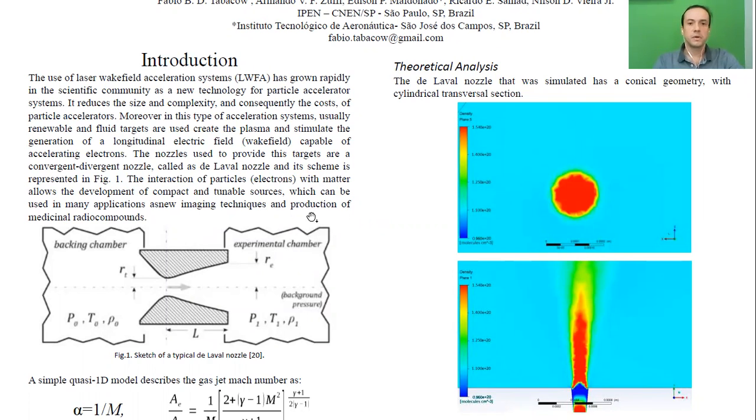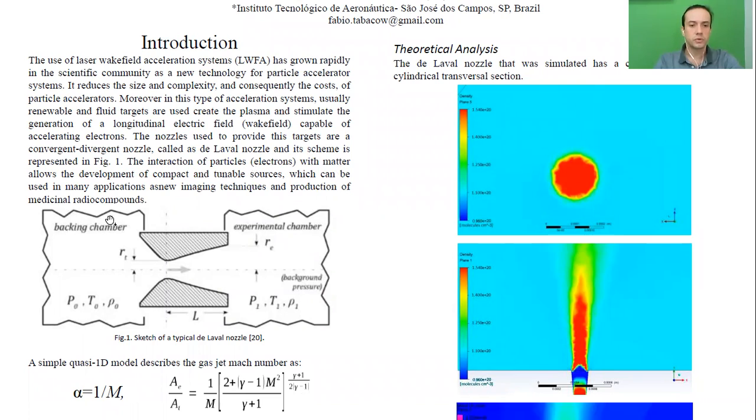Moreover, in this type of acceleration system, usually renewable fluid targets are used to create a plasma and stimulate the generation of a longitudinal electric field capable of accelerating electrons.